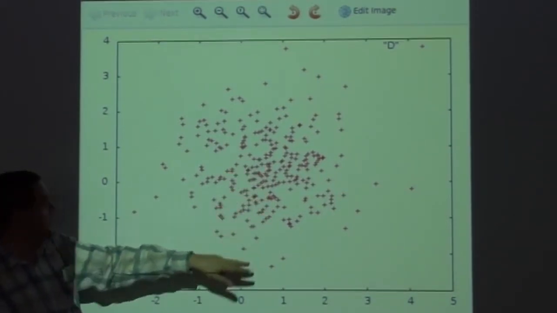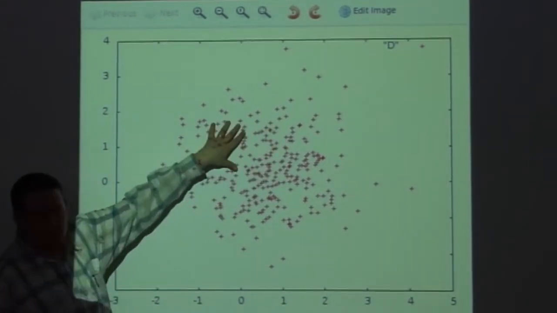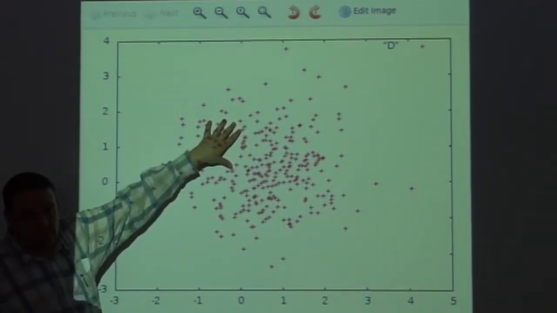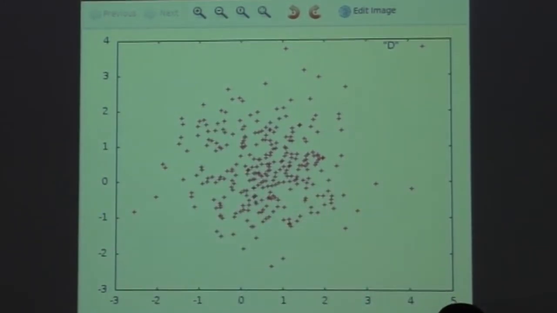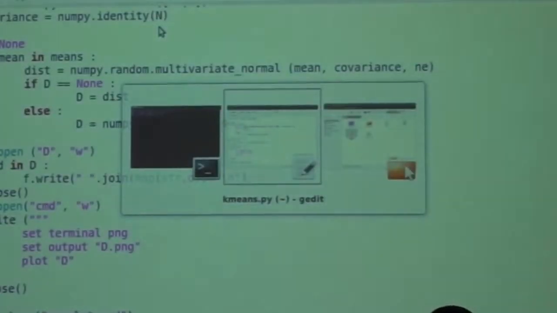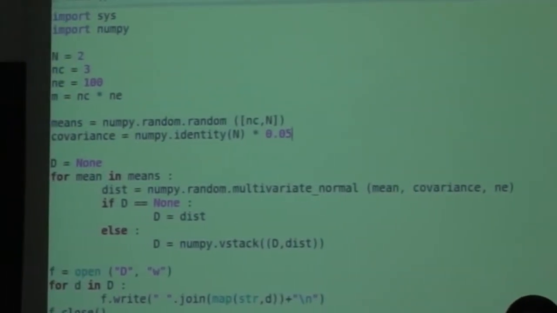So actually I've been generating 3 distributions that overlap a lot. So let me reduce them, for example by taking the covariance matrix and multiplying it by a small scalar, 0.05 for example.